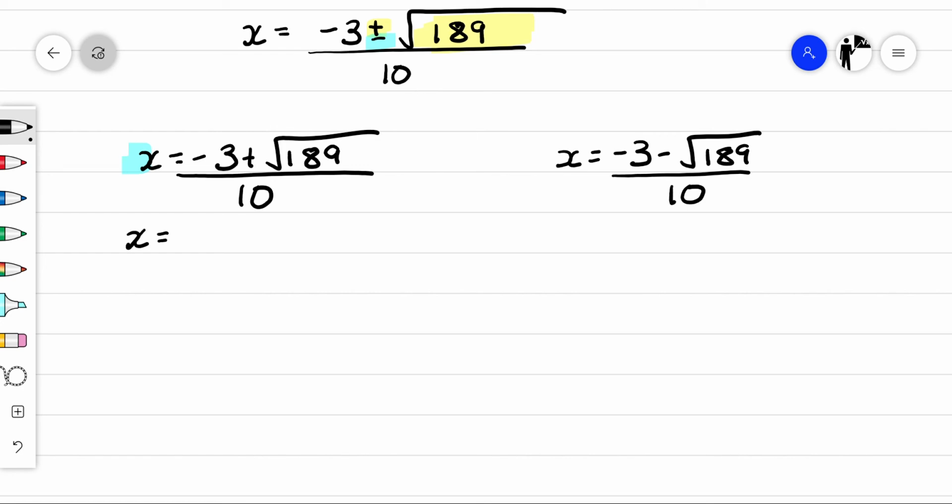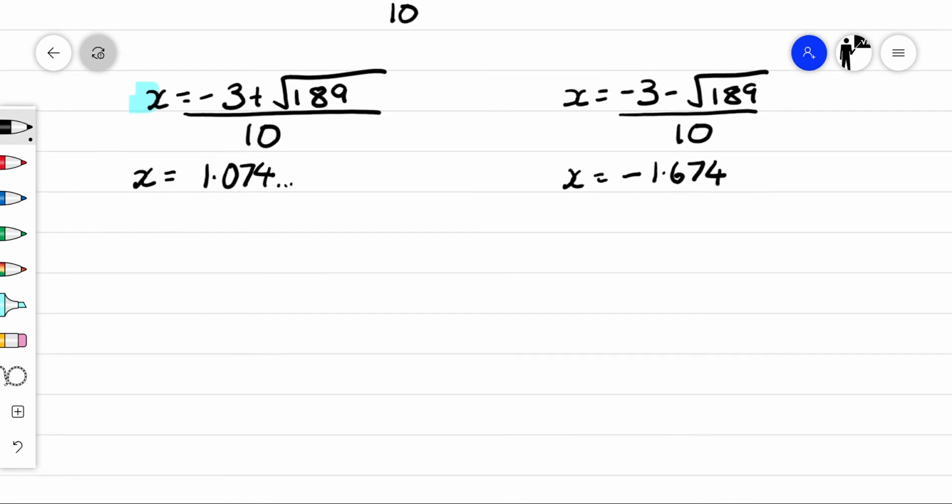Okay, so once again, just put it in exactly as you see it on your calculator. I've got 1.074, and over here we've got minus 3 minus root 189 over 10, which is minus 1.674.